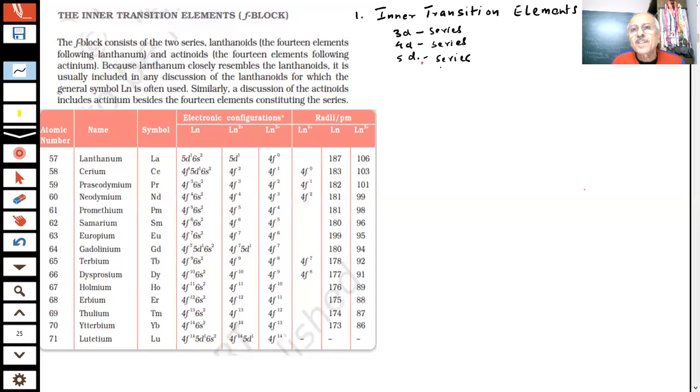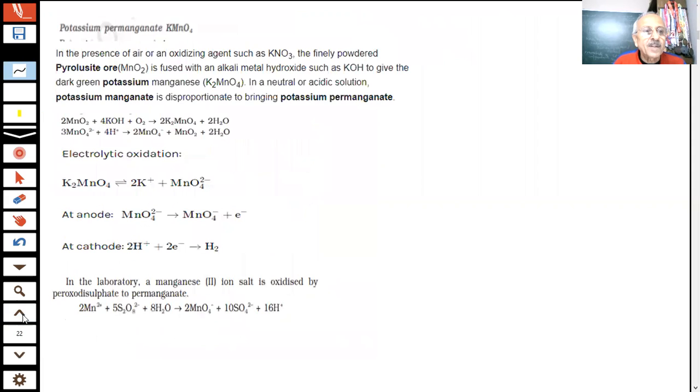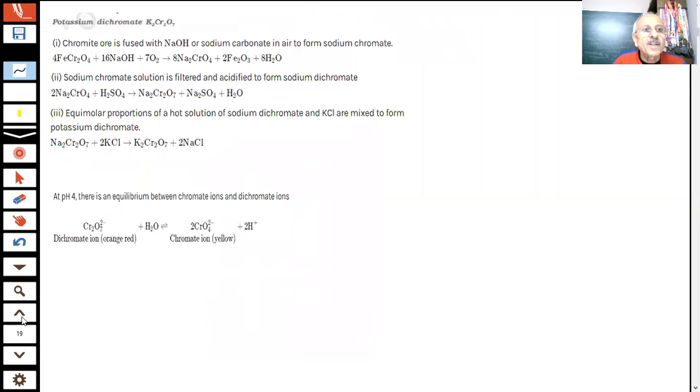When I discussed the 5d series, at that time, this was starting from scandium, and this was from terbium. If I go back, then we will be able to see what we were talking about, a little bit of the periodic table.